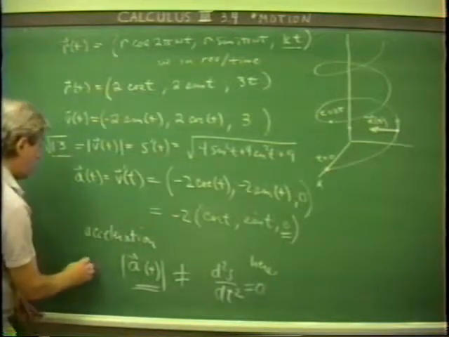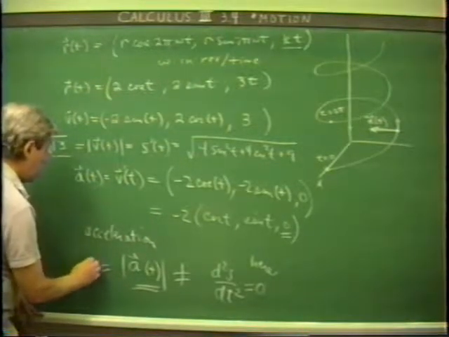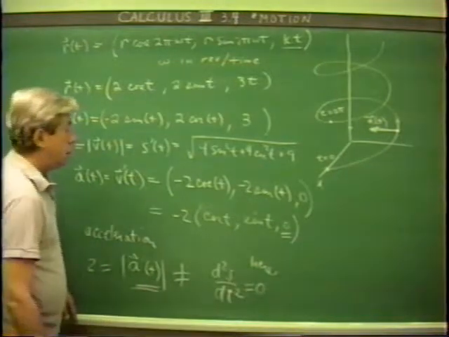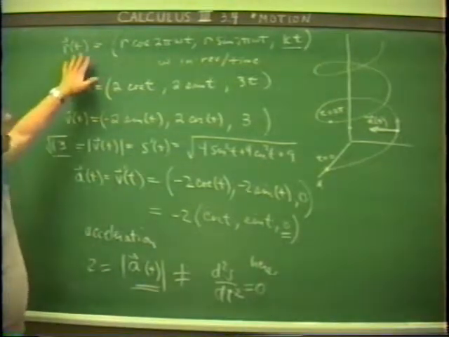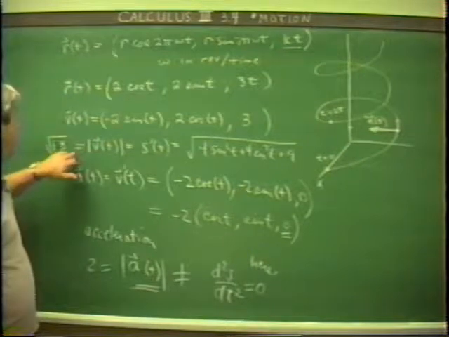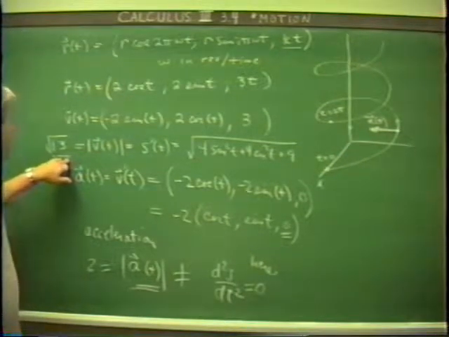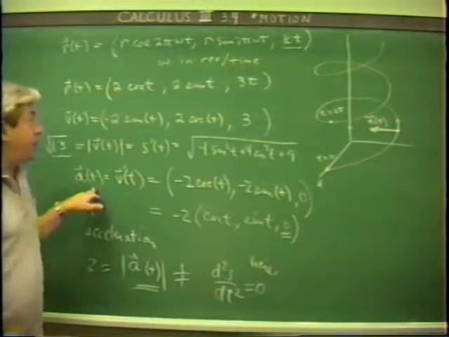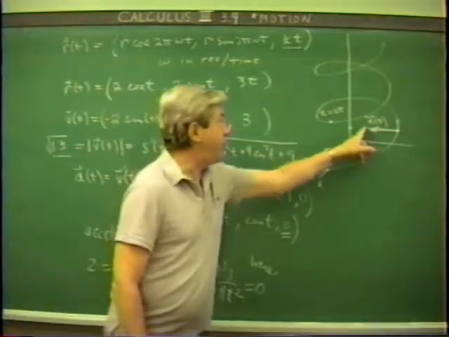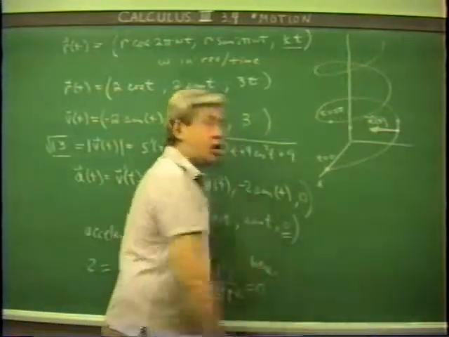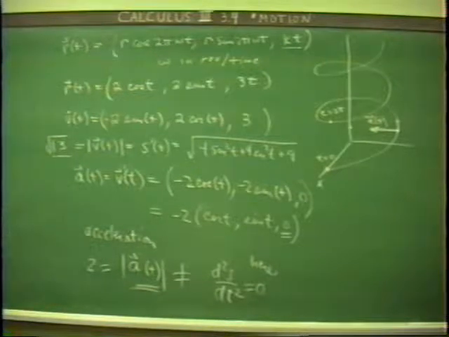Right? The acceleration, however, has a magnitude of 2. So, the spiral, the speed around the spiral, which is the magnitude of the velocity, and the acceleration, which is a vector pointing inward at all times toward the z-axis.